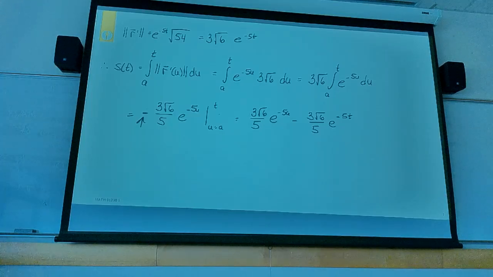So you could do it the way that you're doing it, but then your front term would be negative. So I just flipped the order. And we'll factor out that 3 root 6 over 5. So write it this way. And say there's our function.